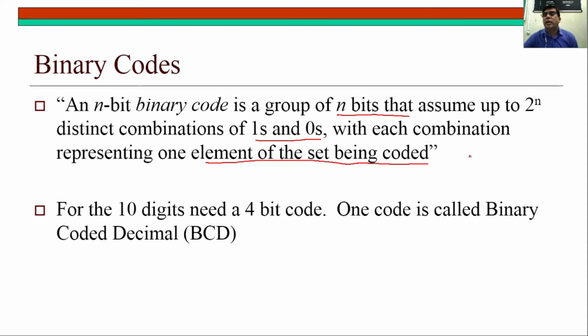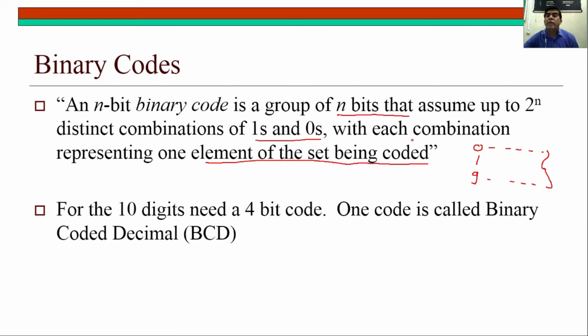For example, if I want to code my decimal numbers from 0 to 9, then for 0 there will be some binary combination, for 9 there will be some binary combination, and these unique binary combinations are the codes for this decimal number system.